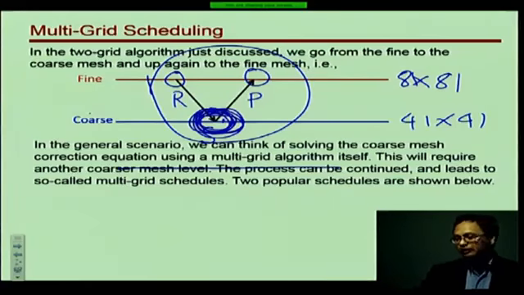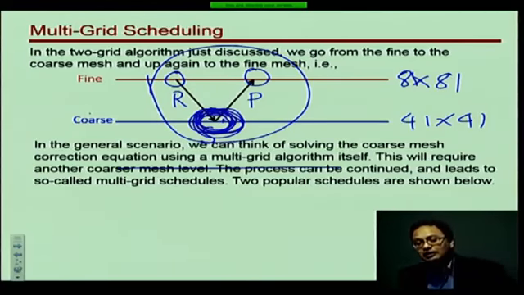Now, of course, to get to the point where you can actually use Gaussian elimination, where the number of equations is so small, would require many different mesh levels. If you start from even 81 by 81, the next one will be 21 by 21, then 11 by 11, and maybe by the time you get to 6 by 6, you can actually use Gaussian elimination. Even for a small problem like that, that would mean 5 mesh levels. But that's the general philosophy. Everything finally comes down to: is it worthwhile in terms of CPU time?